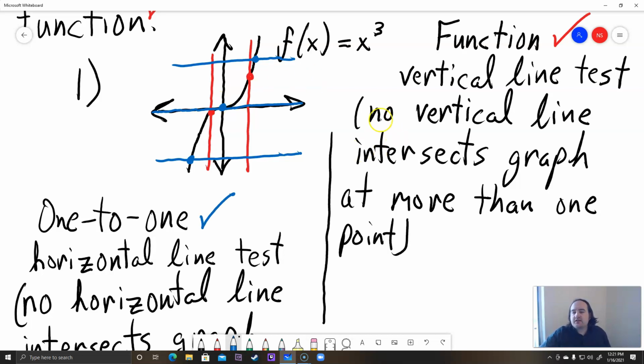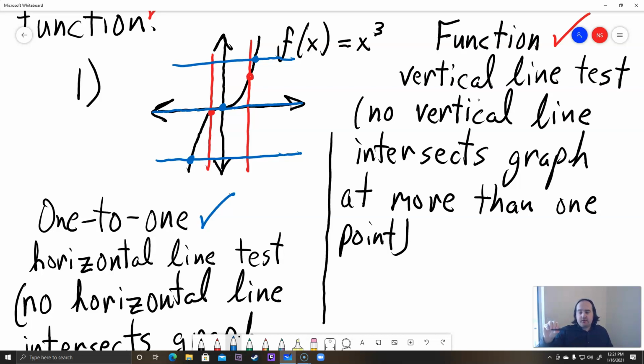Okay, so first we checked to make sure it was a function. It passed the vertical line test. And a lot of people like to think of the vertical line test as the pencil test. You can also call the horizontal line test a pencil test. Because if you hold your pencil vertically, and you determine the number of points where your pencil intersects the graph, as long as your pencil never intersects the graph at more than one point vertically, then it passes the vertical line test.